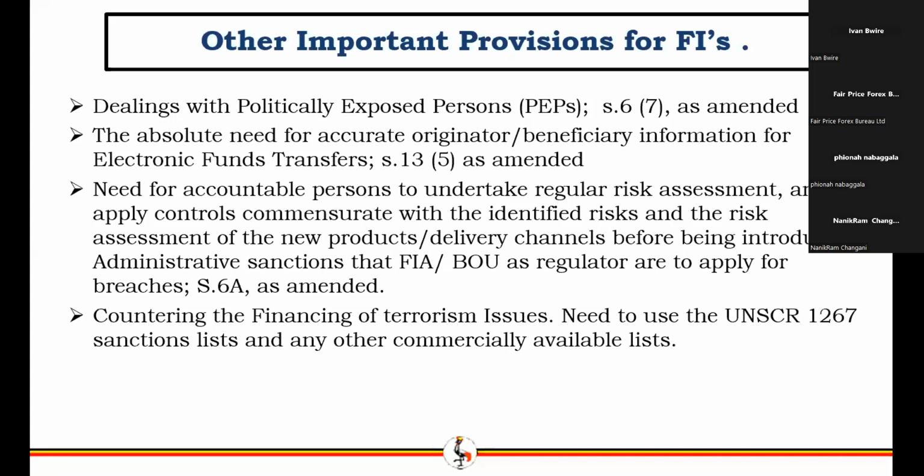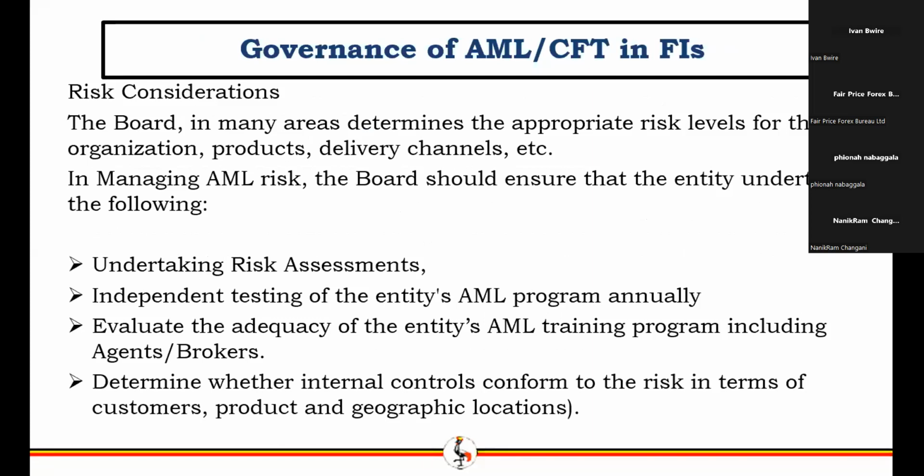We issue directives to accountable persons to act accordingly based on the amendments made on that list, informing you on who has been blacklisted, who has been added to the blacklist, and who has been removed. So we direct you to act accordingly. In the event that you have a client who has been sanctioned, then you're supposed to freeze those assets and report to FIA, or hold any transaction.